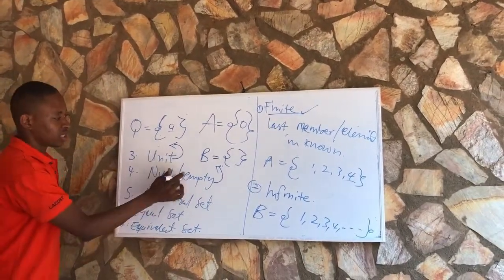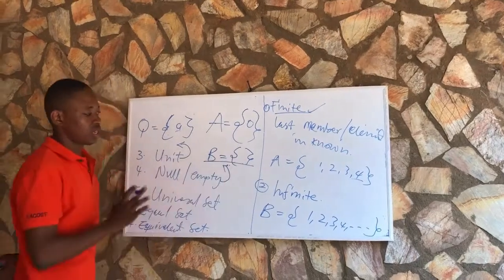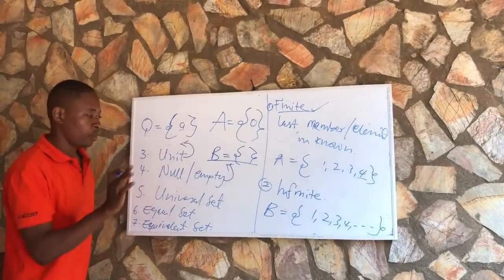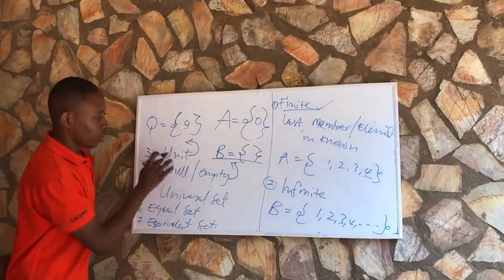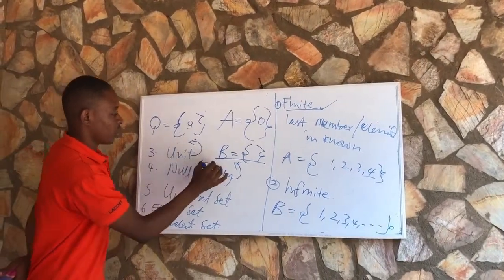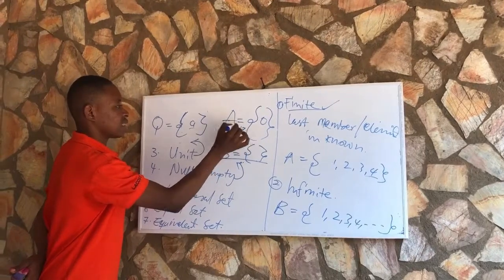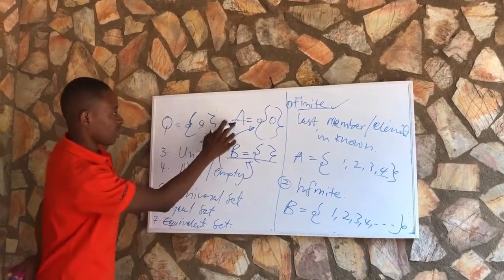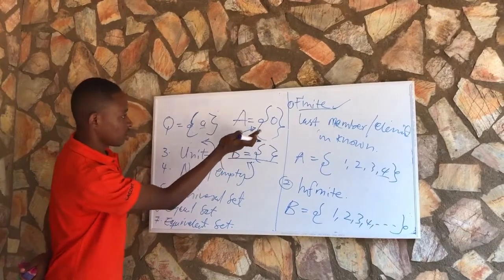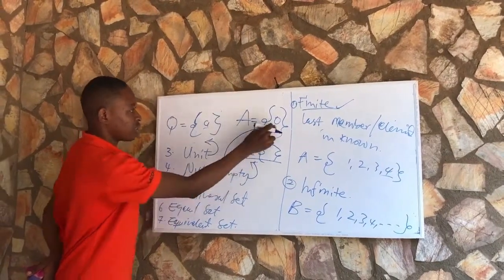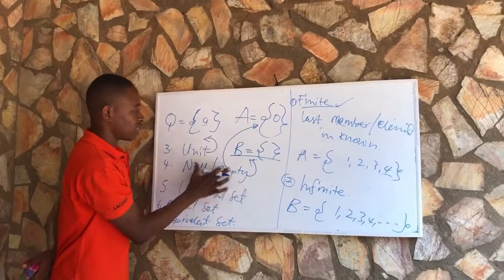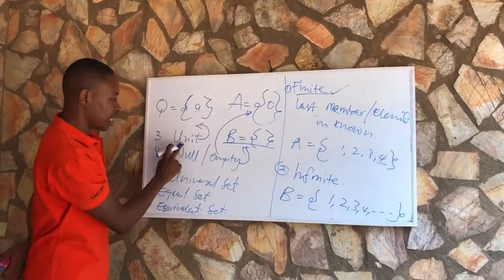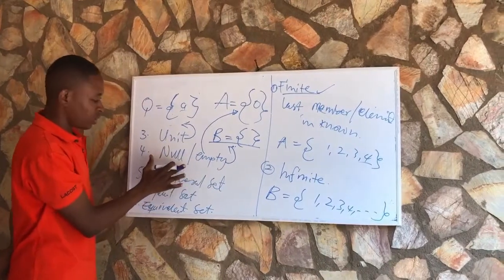So what it means is that set B is a null set because it has no element or member in it. Don't also get confused with this set A equals 0. Don't say because 0 is nothing, it's an empty set. 0 is a number, so it contains one element, so it's a unit set, not an empty set.